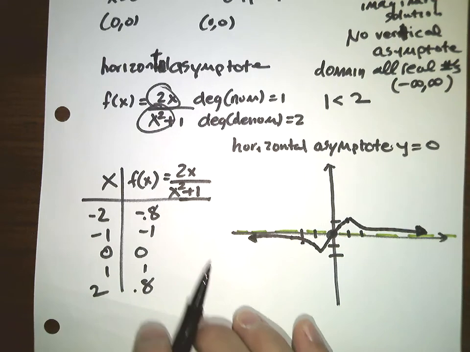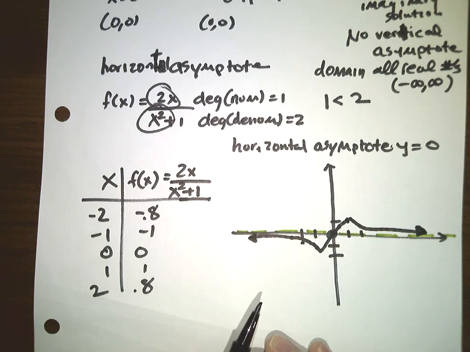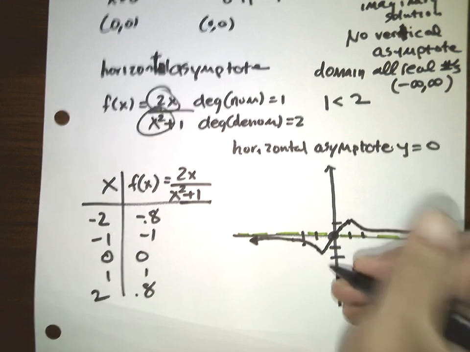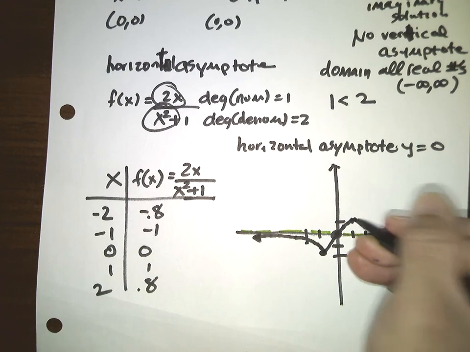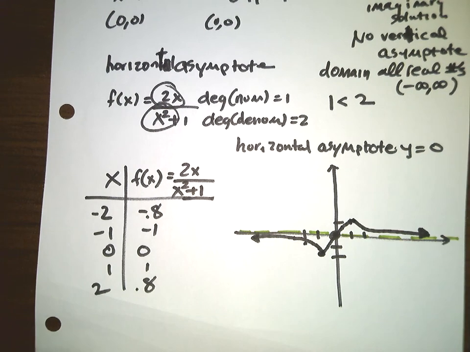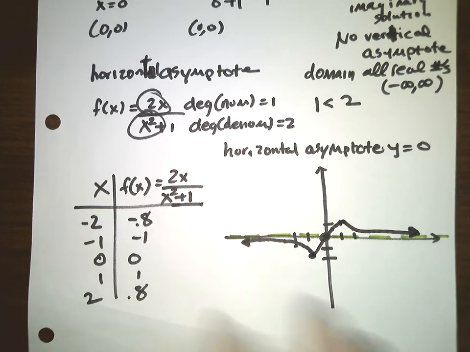This is a strange one to graph as well, but to figure out these points right here and here, these relative minimums and maximums, that's where we would bring in the calculus to get more exact on that easily without using a calculator. So that's it for this section on rational functions and graphing rational functions.